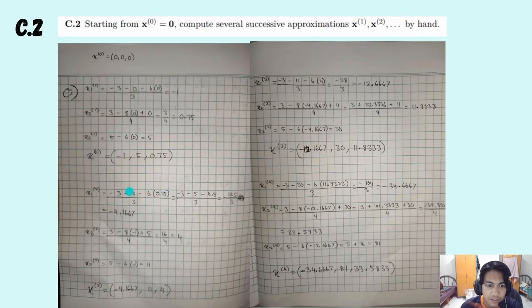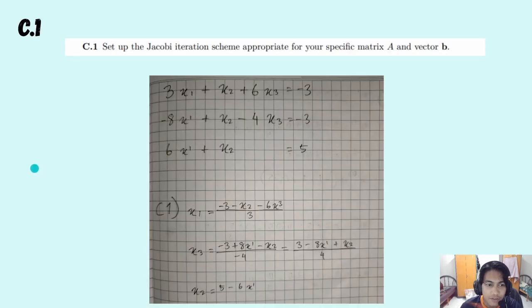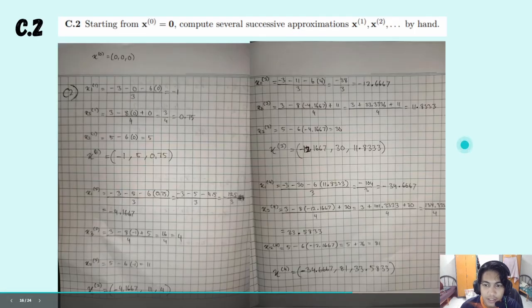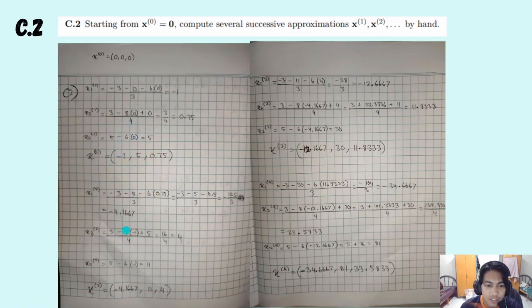And 5 we got from x2. Remember from the previous one, this one is x2, x3, this one is x1, x2, and this is x1. We use the previous values to replace the new ones.